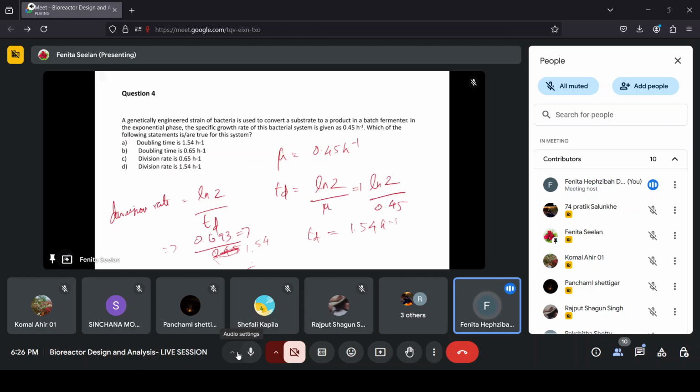So actually division rate is the rate at which the cell divides with respect to time. Find out the formula next time. Okay.